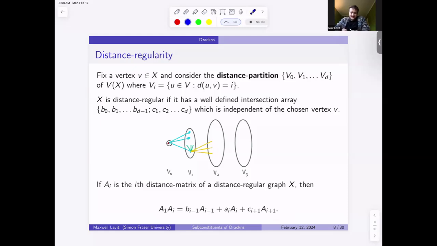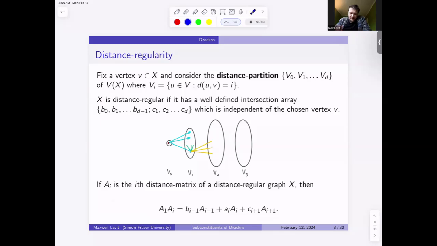And the very nice thing you have in a distance regular graph is this 3-term recurrence, which tells you that if I want to understand the product of these matrices, all I have to do is look at the things back and the things forward. So if I know these matrices, I can get everything I want. And in particular, this means that the algebra generated by the adjacency matrix is going to be very nice. It's going to be very low dimension. All right, and we'll use this fact later on.